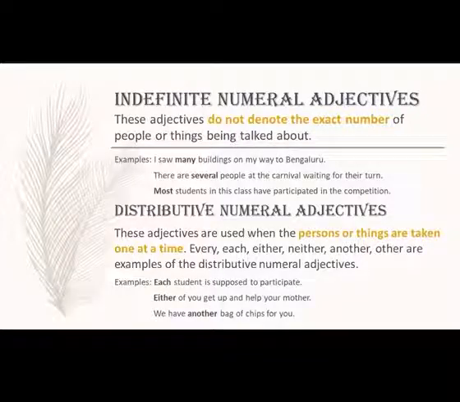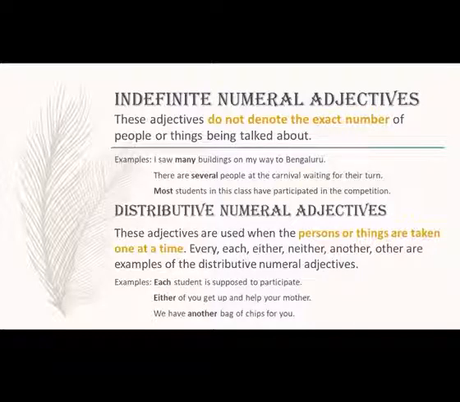Every, each, either, neither, another, other are examples of distributive numeral adjectives. For example, each student is supposed to participate. Here, we have many students, but we are picking one student at a time.